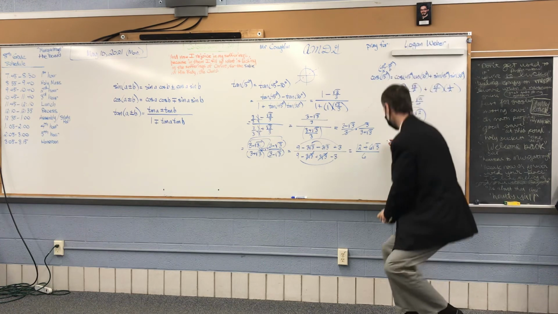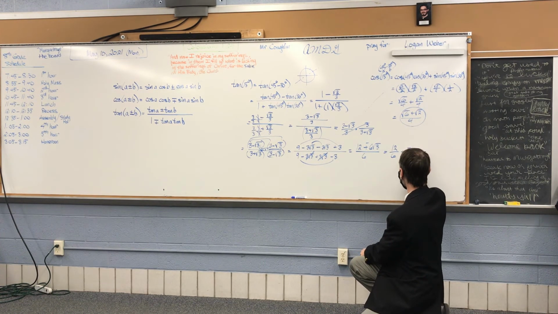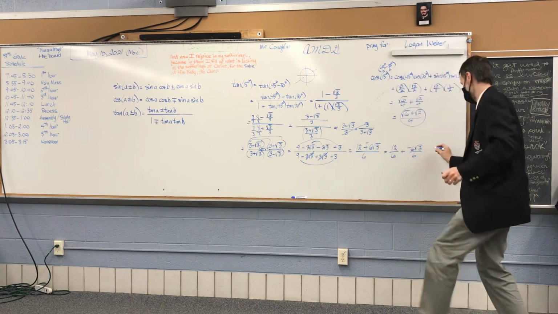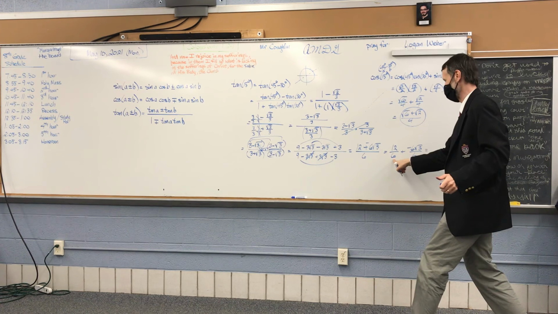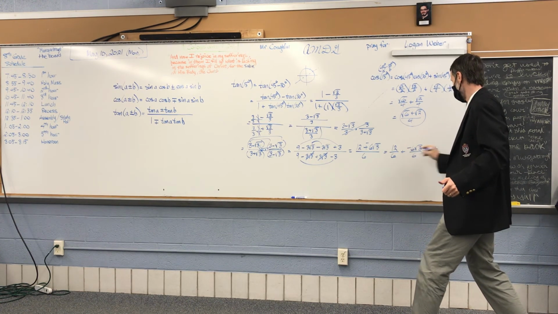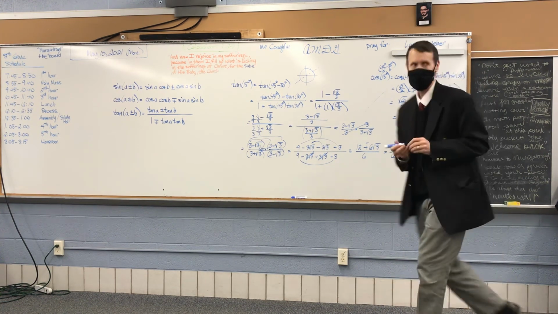Divide each one by 6. So it's 12 over 6 plus negative 6 radical 3 over 6. Finish it off for me. 2 plus negative radical 3. That is your final answer.